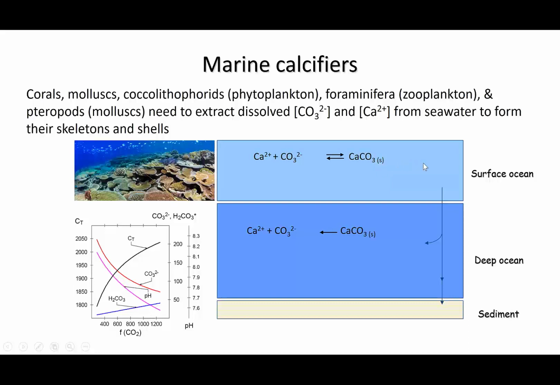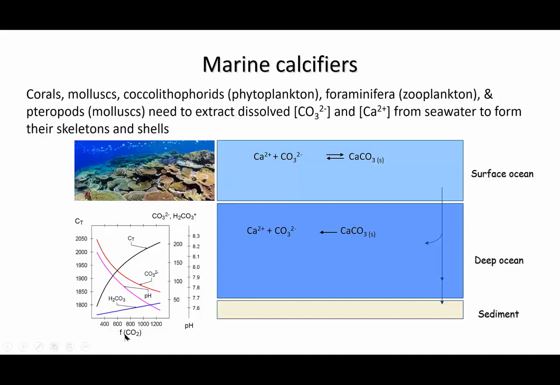Interestingly, there's a similar cycle to the organic carbon cycle where this particulate calcium carbonate sinks into the deep ocean, and then because the solubility of calcium carbonate increases in the deep ocean, that tends to redissolve and return to the original dissolved calcium and carbonate ions, which are then able to return back to the surface ocean.